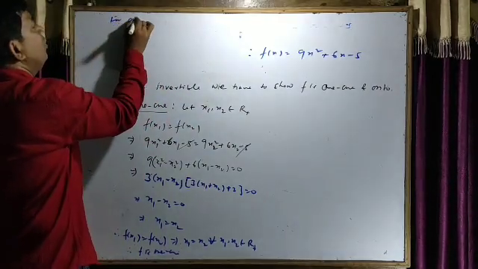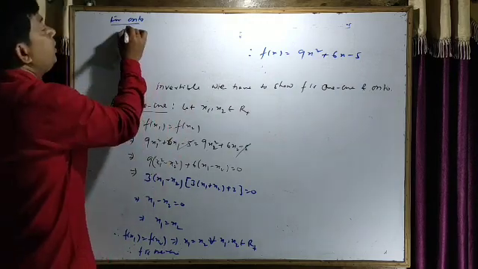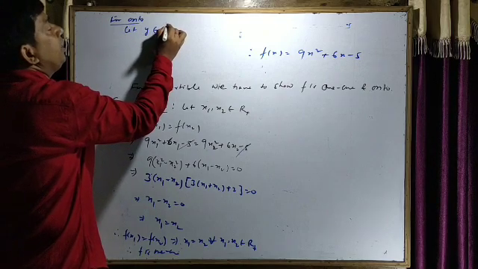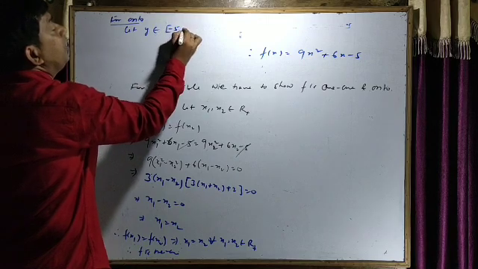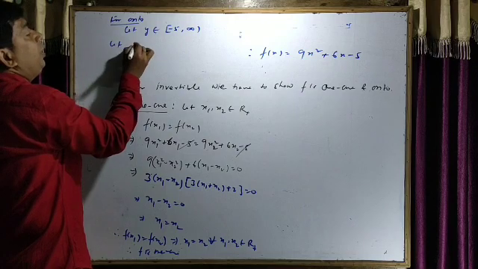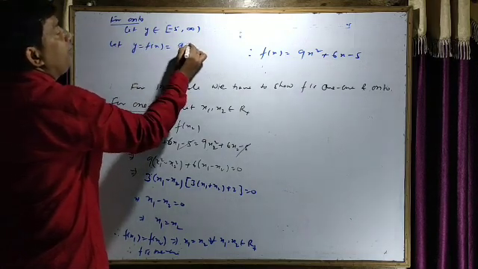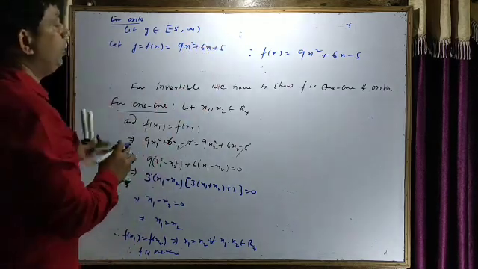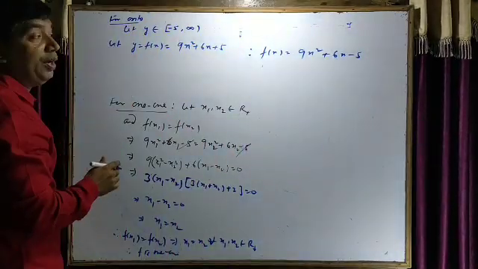For onto, what do we have to do? We have to take one arbitrary element in the second set. Let y belong to [-5, infinity). Let y equal f of x, what is f of x? 9x square plus 6x minus 5, and we have to write the value of x in terms of y.